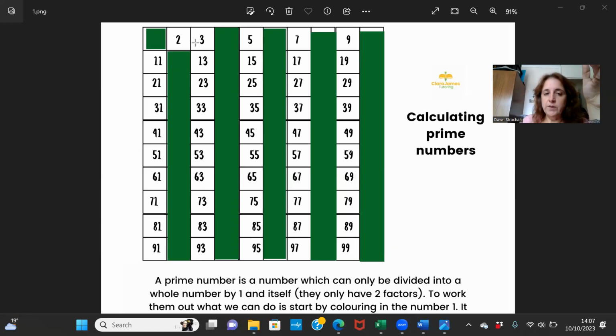Again, we're not going to colour in number 3, because the only times table you'll find 3 in is the 3 times table, but we can colour in all the multiples of 3.